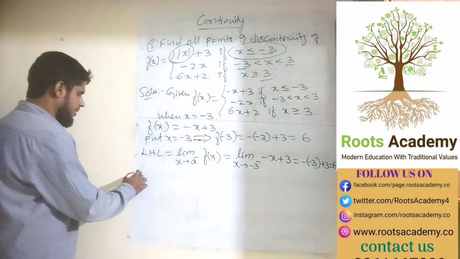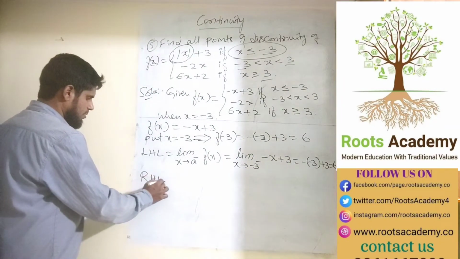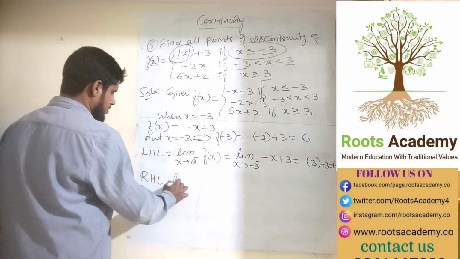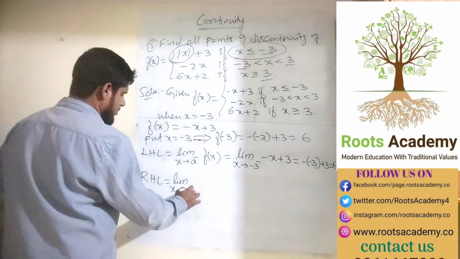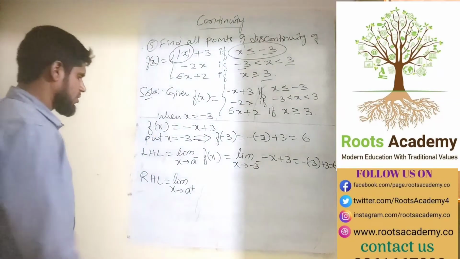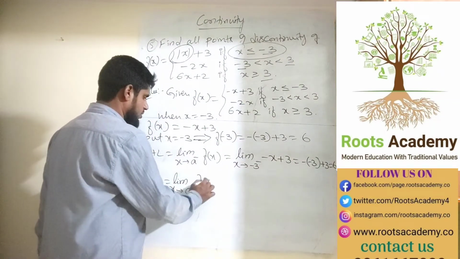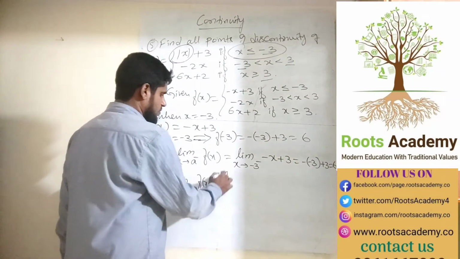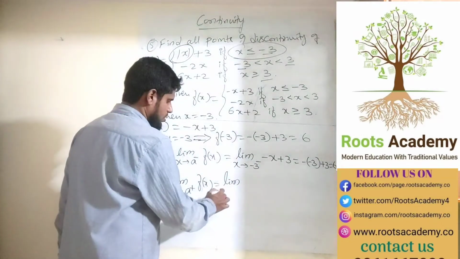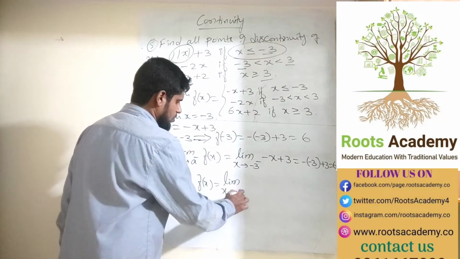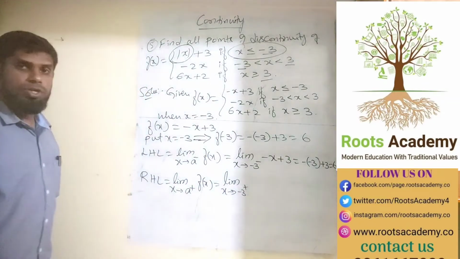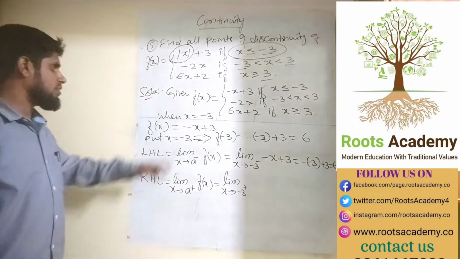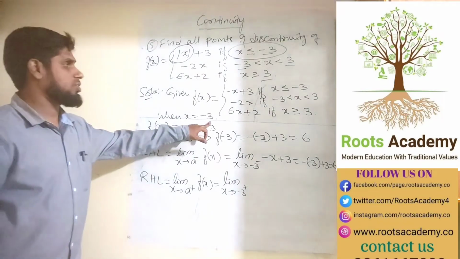Next, right hand limit. Limit x tends to a plus f of x is equals to limit x tends to minus 3 plus. Now student, for minus 3 we should take the right hand limit function.